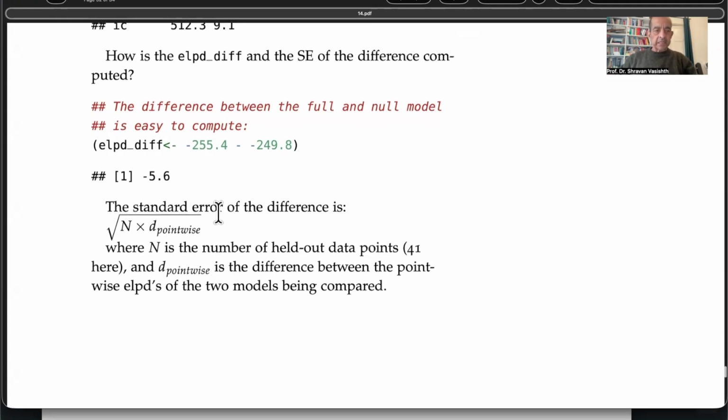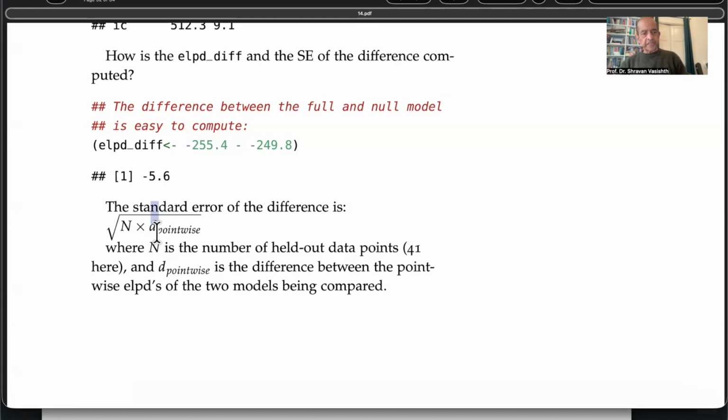And the standard error of the difference is basically you create a vector that contains the differences between the 41 log likelihoods for the full data and the 41 log likelihoods for the null data. Do a cell-wise subtraction that gives you the difference vector, right? This difference vector d pointwise, and then you, oh sorry, there's a typo here.